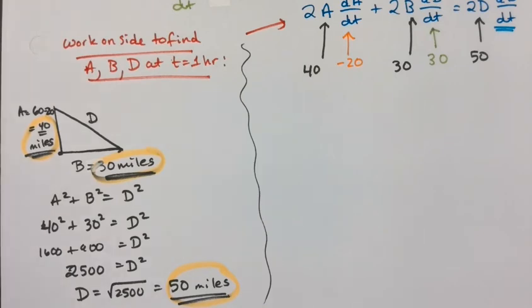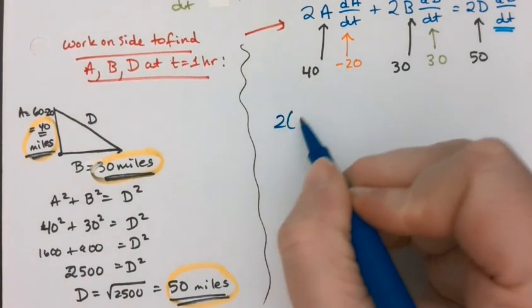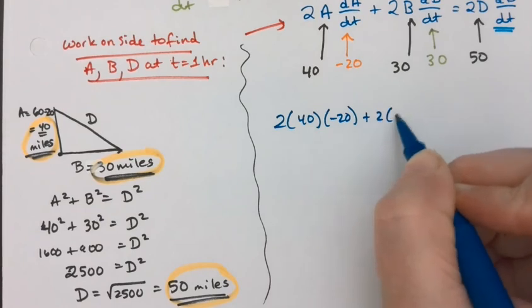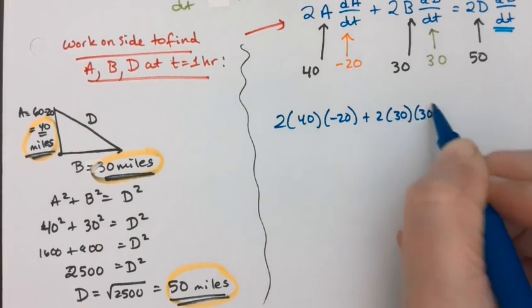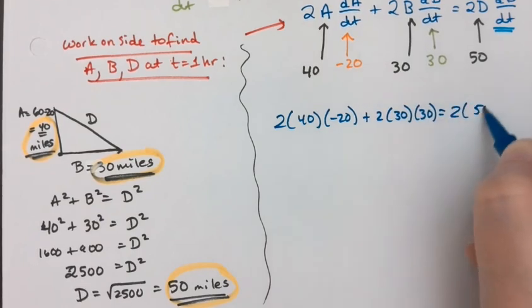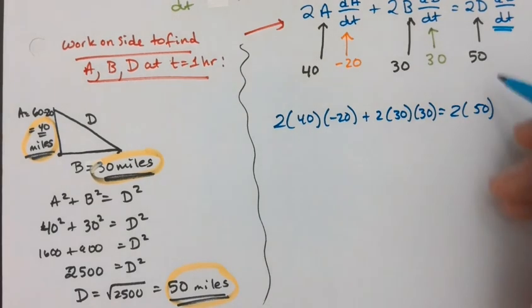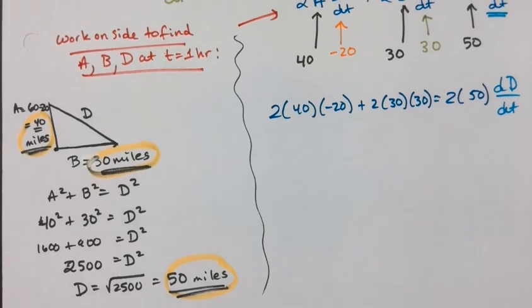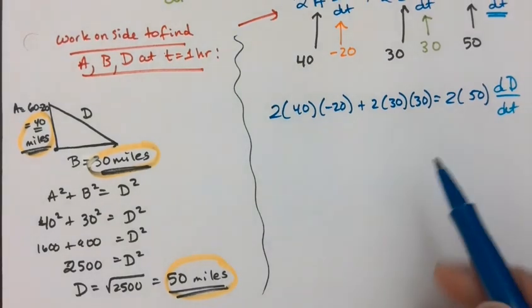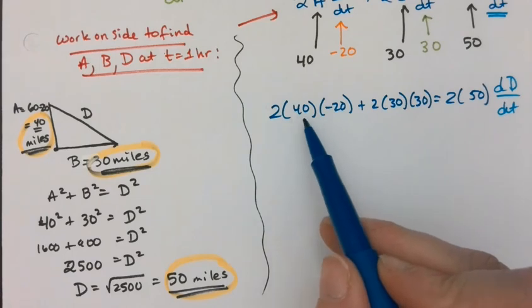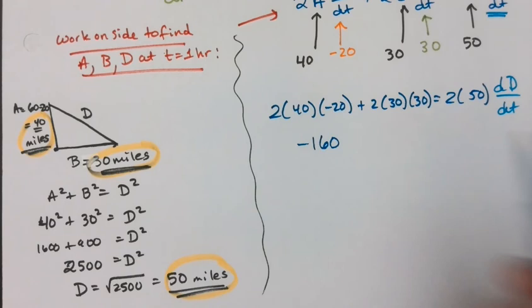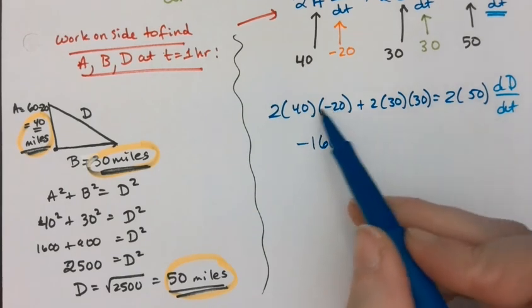Okay, so this is 2 times 40 times negative 20 plus 2 times 30 times 30 equals 2 times 50 times dD dt, the thing we're looking for. 2 times 40 times negative 20 is negative 1600.